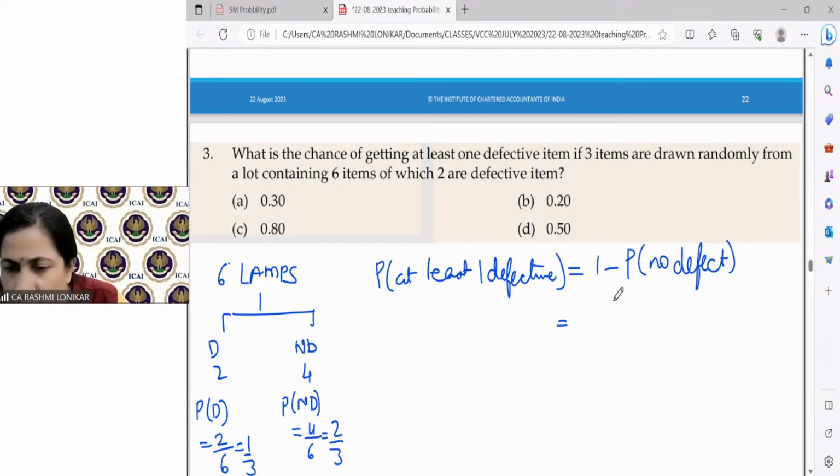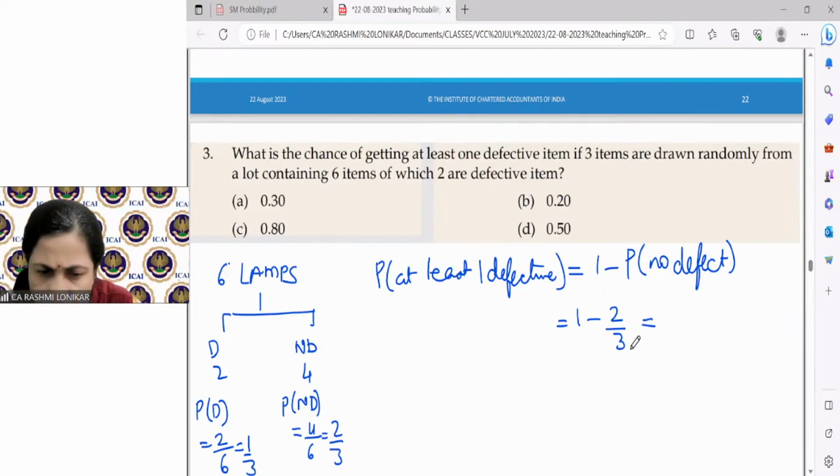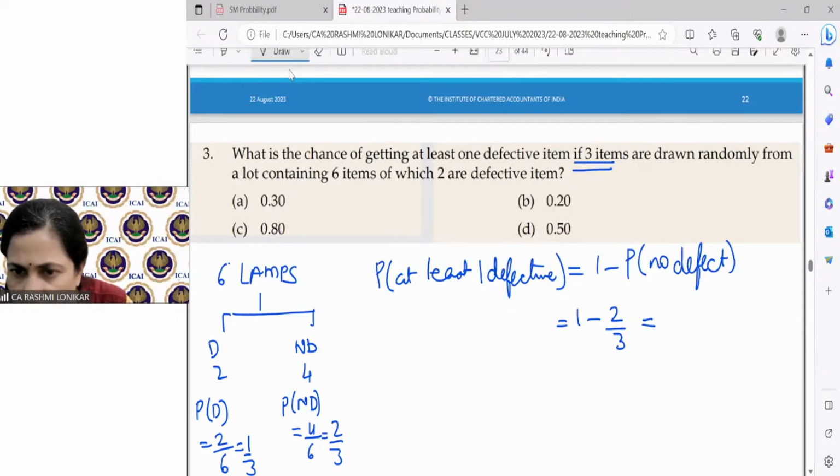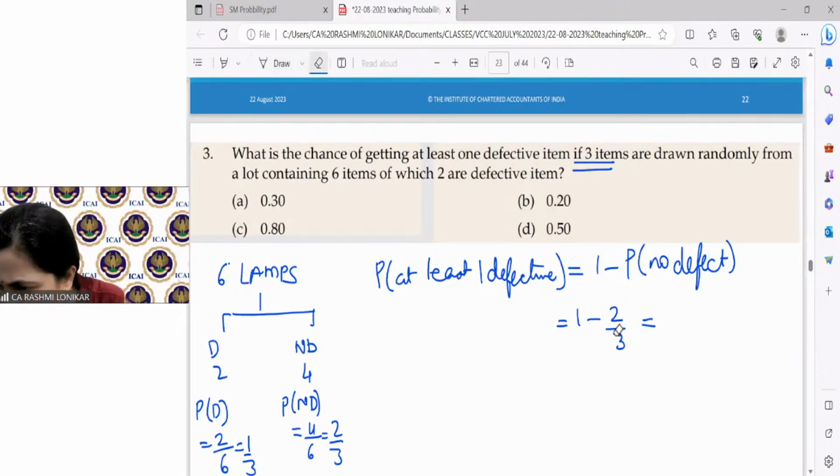So 1 minus, what is the probability of no defect? 2 by 3, that it is not defective. Oh no, you are having three items, not one. I thought it was one. Okay.